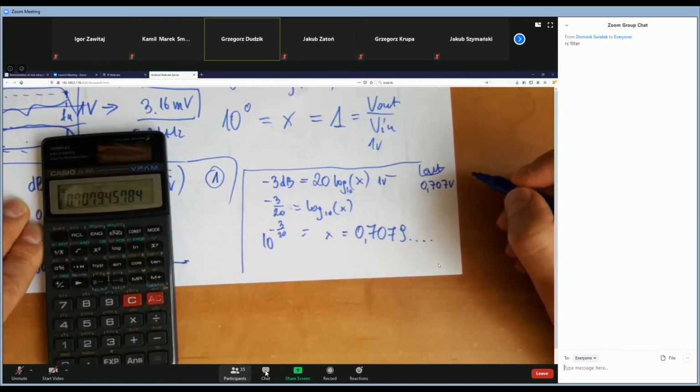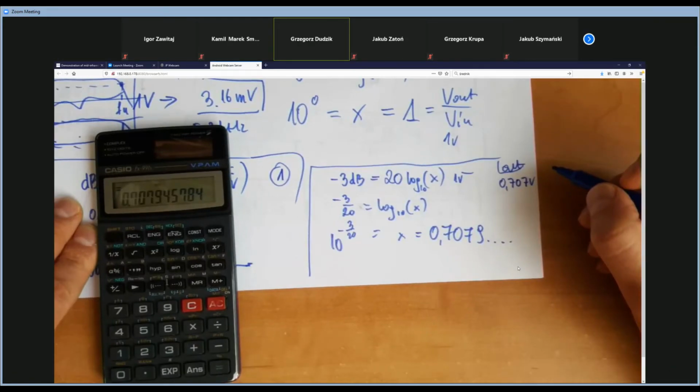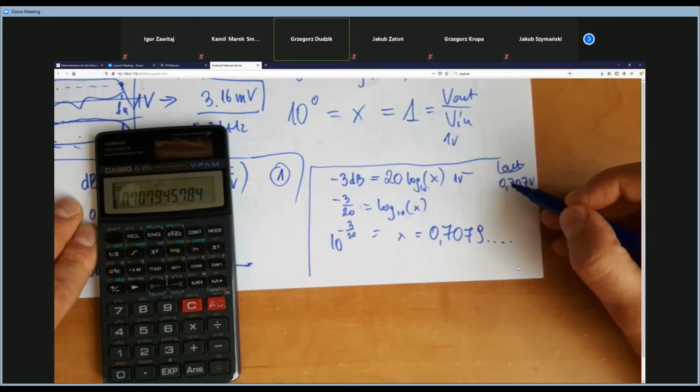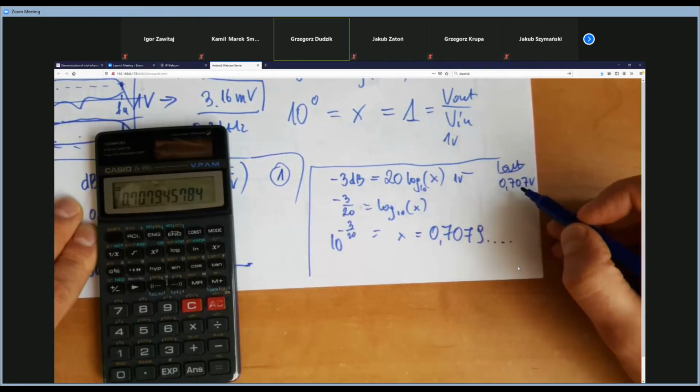So as you see, minus 3 dBs for electric signals means the amplitude drops by around 30%.